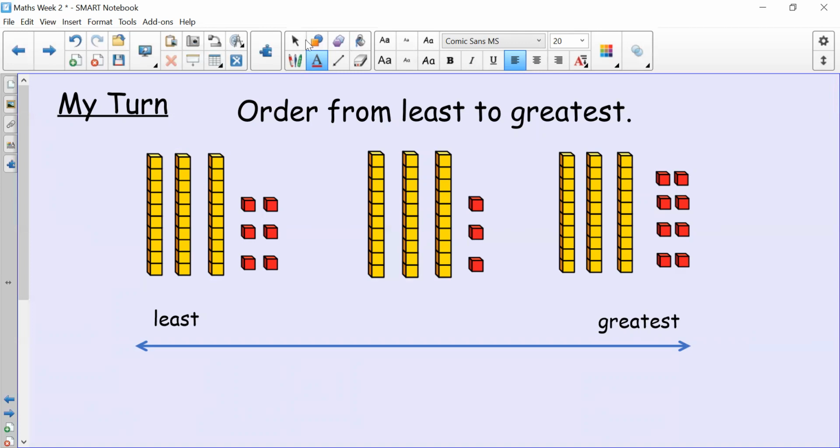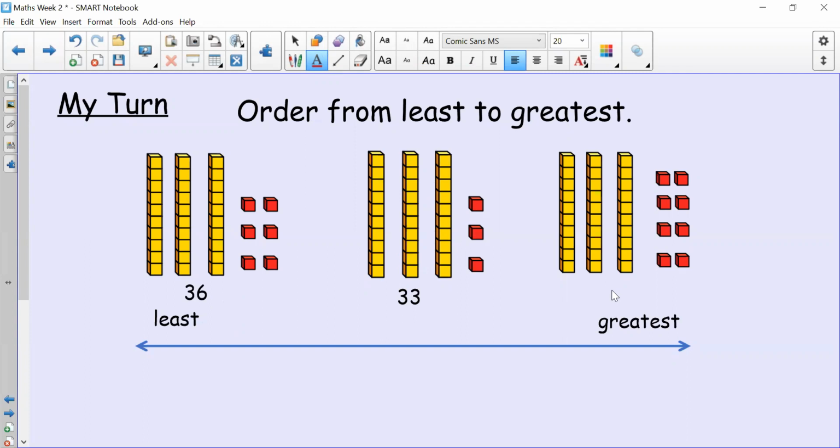So let's work out what the numbers are. Firstly, we have got 3 tens and 6 ones, 36. Then this number shows me 3 tens and 3 ones, 33.